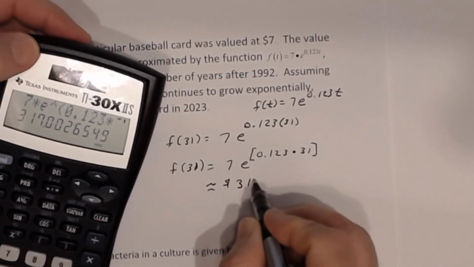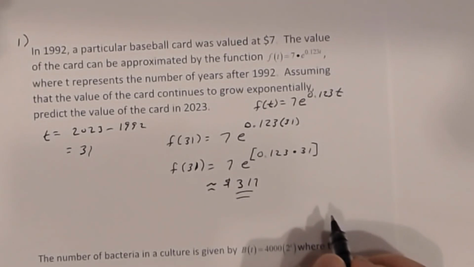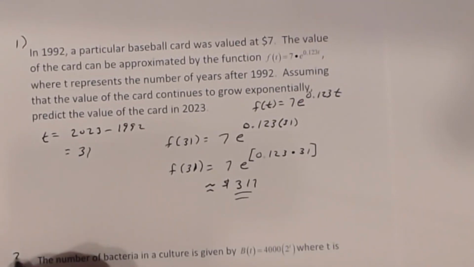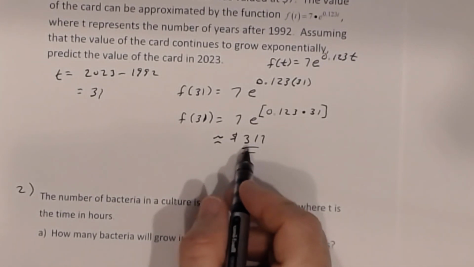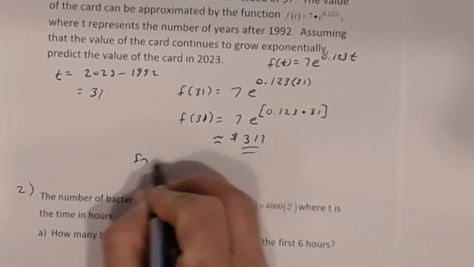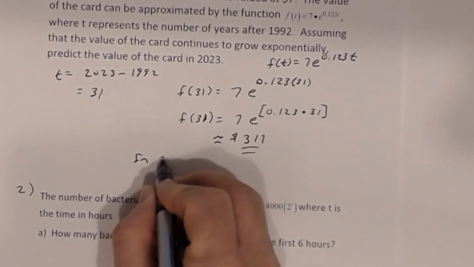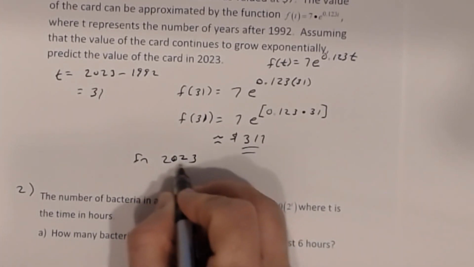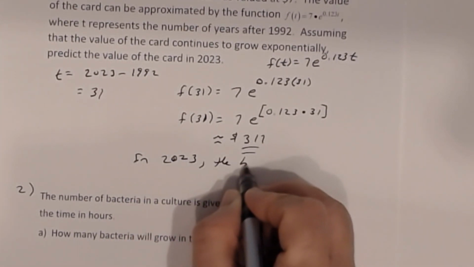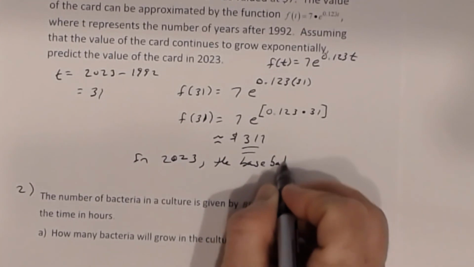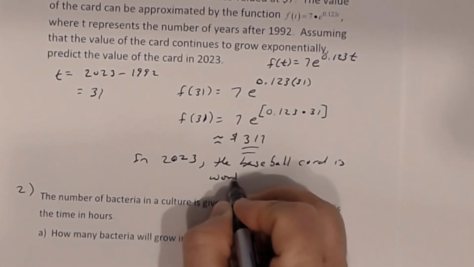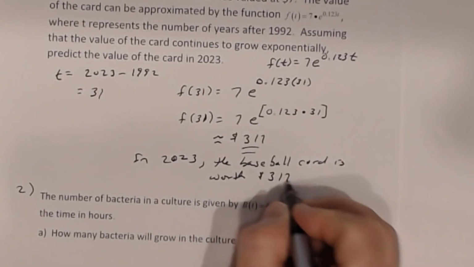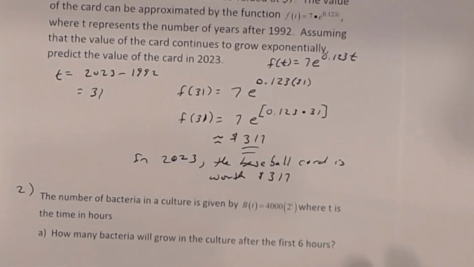Okay? All right, so that's number one. So make sure you know what that means. Basically, what this means is that in 2023, the baseball card is worth $317.